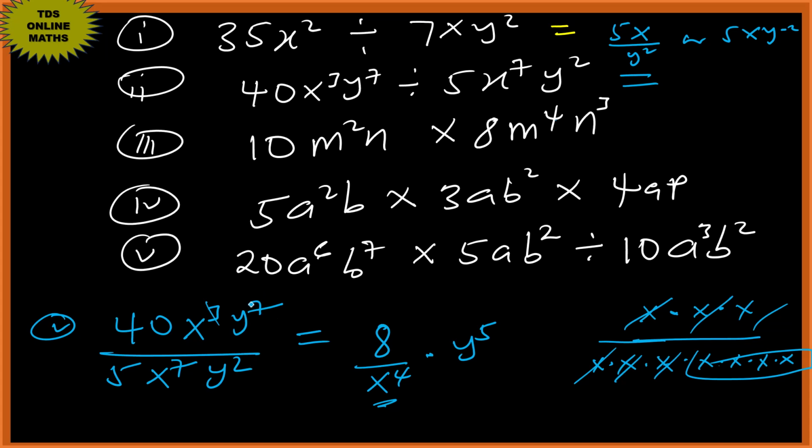And y squared to this is the same as y to the power 7 divided by y to the power 2. This one is division, therefore we can subtract the powers since the bases are equal. So we have 7 minus 2, that is 5. So we can say x to the negative 4 y to the power 5.